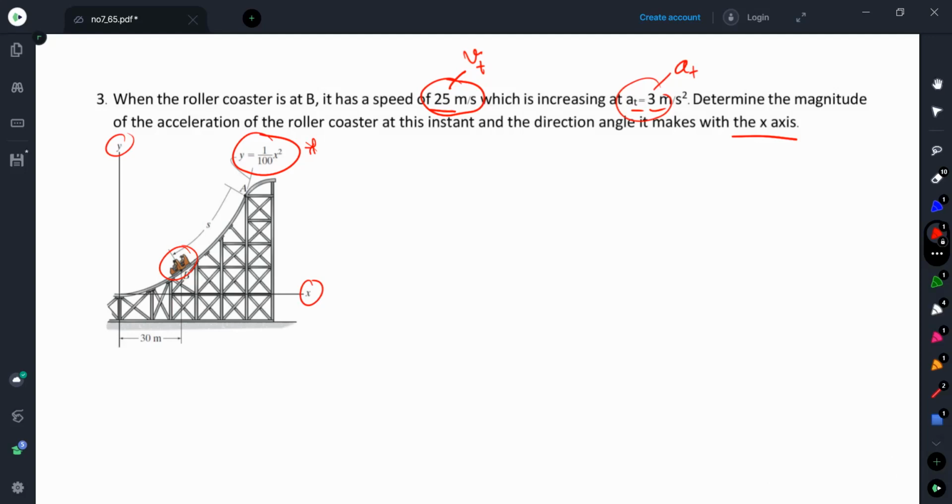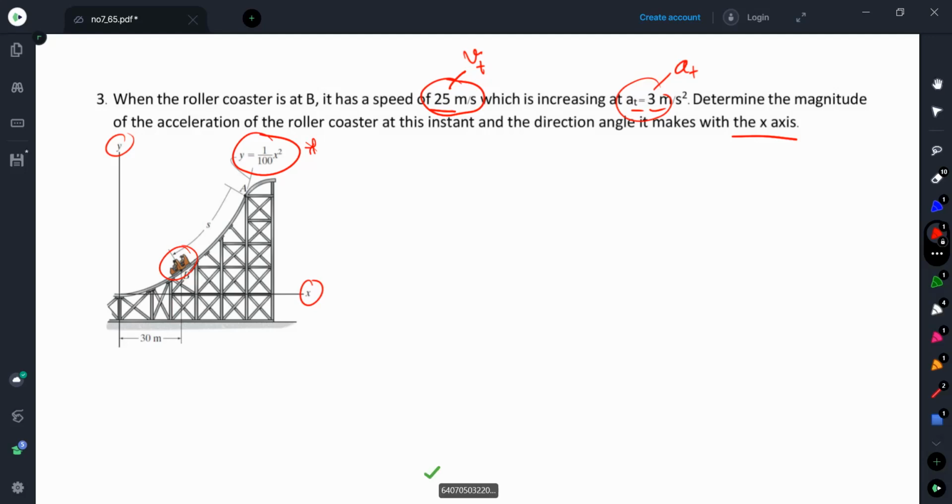Which gives us the most direct procedure to get the answer? According to this problem, we should apply the normal and tangential coordinate system instead of X and Y. You may observe it by yourself.